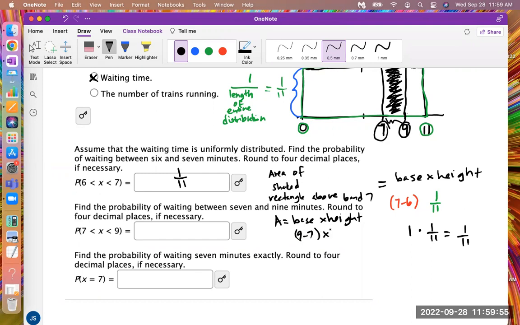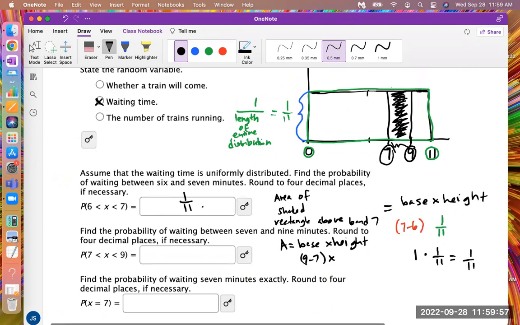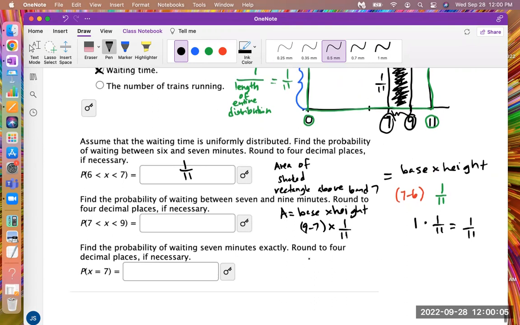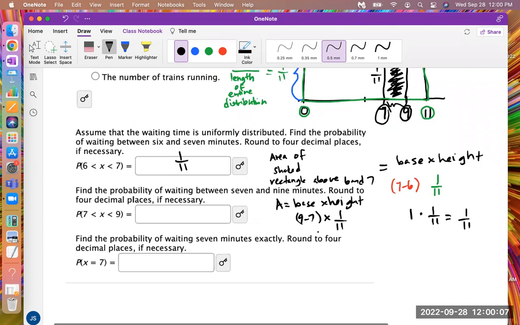The height is the same height that we found in the first problem, 1 over 11, for this whole distribution. So we get 2 times 1 over 11. I can put the 2 over 1, so in the numerator 2 times 1 is 2, and 1 times 11 is 11. So it's 2 elevenths. That's the answer for that second one.